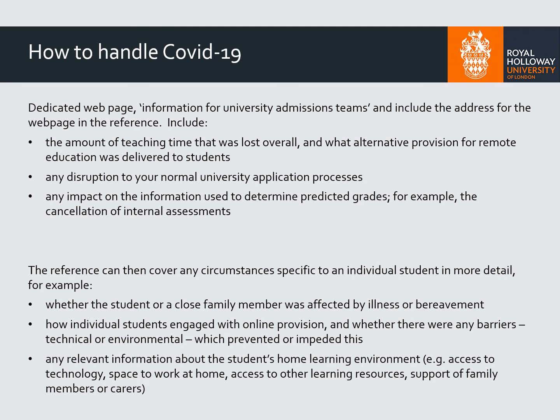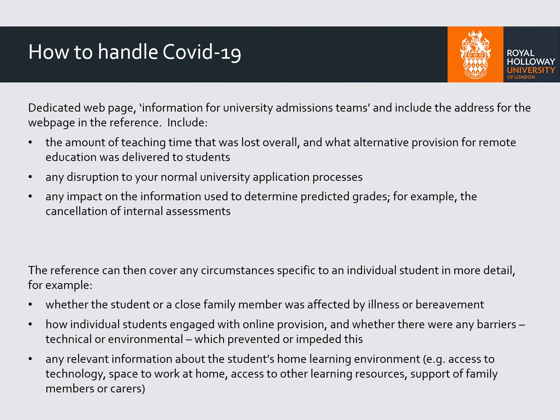We paid particular attention when preparing this presentation as to how to handle the current situation with COVID-19. UCAS advises that instead of including information in the actual reference, you have a dedicated page on your website to say what sort of support the students received during the coronavirus.